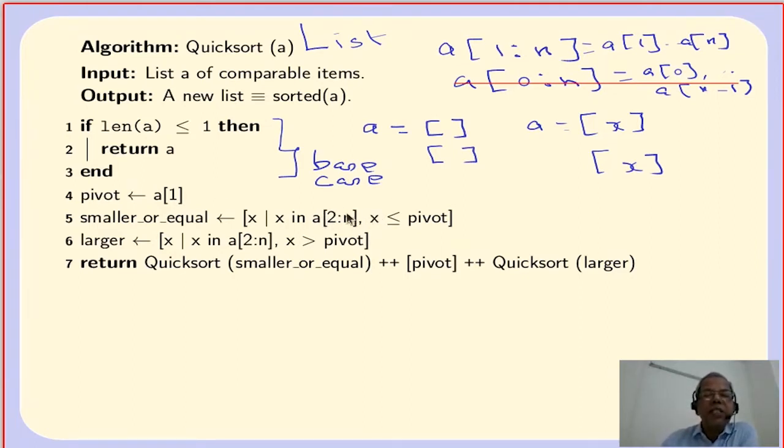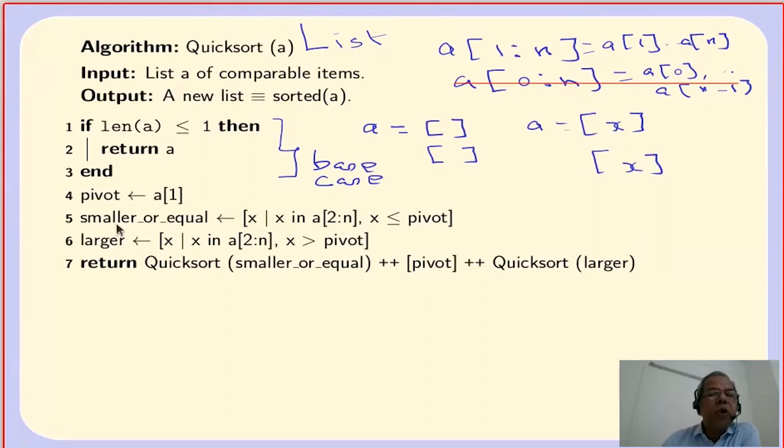In the list A at 2 to n, all elements which are less than or equal to the pivot, make them into a smaller sublist and call it smaller or equal. In the same way, for all x in A at 2 to n, if the element is larger than the pivot, collect them into another sublist and call that larger.